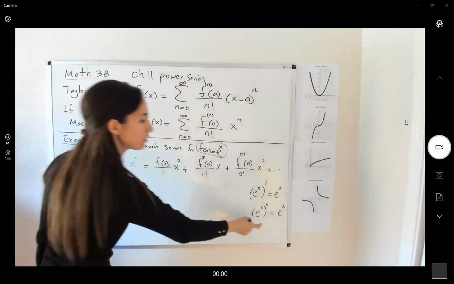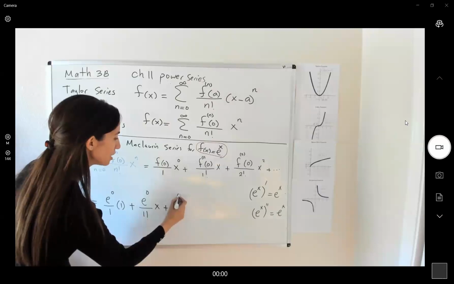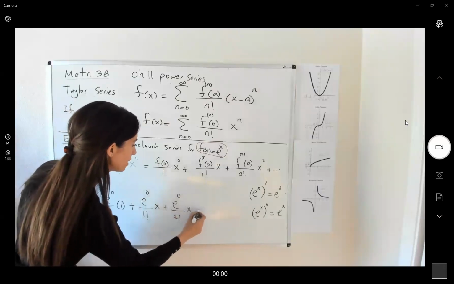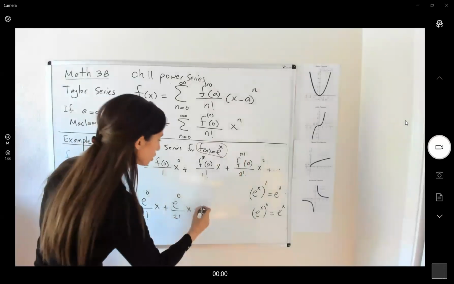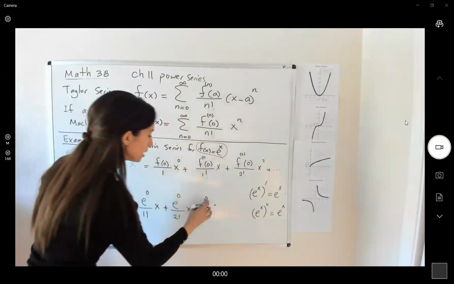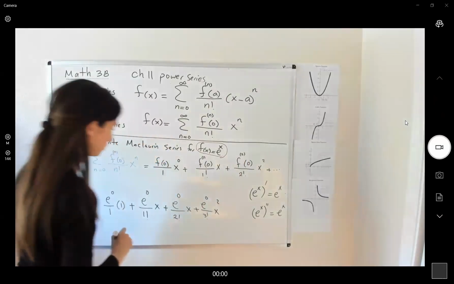The second derivative is also e to the x, so when you plug in 0, you get e to 0 divided by 2 factorial times x squared, plus we can continue this process. The third derivative is also e to the x, we plug in 0, e to 0 divided by 3 factorial x cubed.